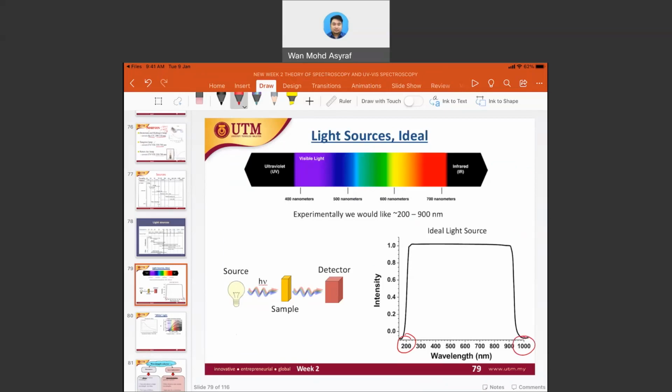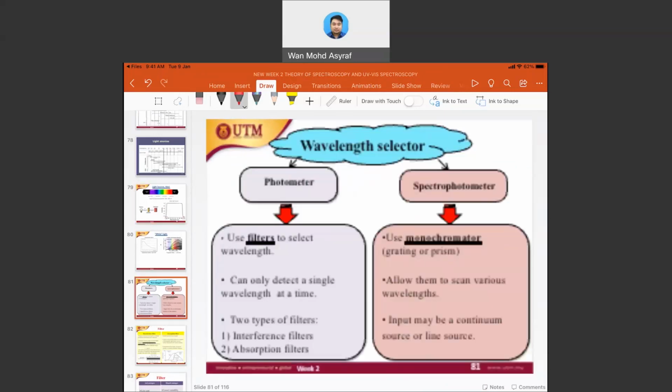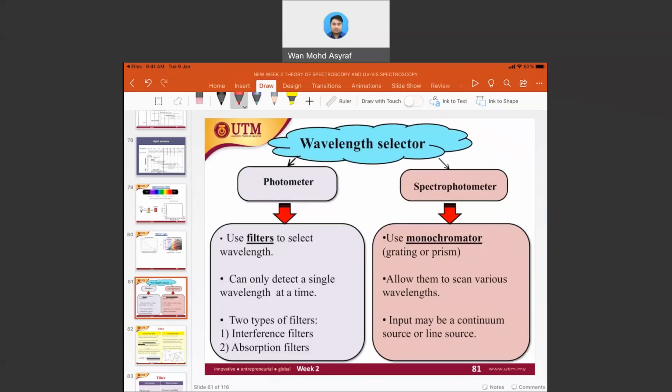The second one, we are going to look at is the wavelength selector. Before this, you have heard about the monochromator. A monochromator is a part of a wavelength selector in a spectrophotometer. You are also going to learn about the photometer, which uses filters to select wavelength.